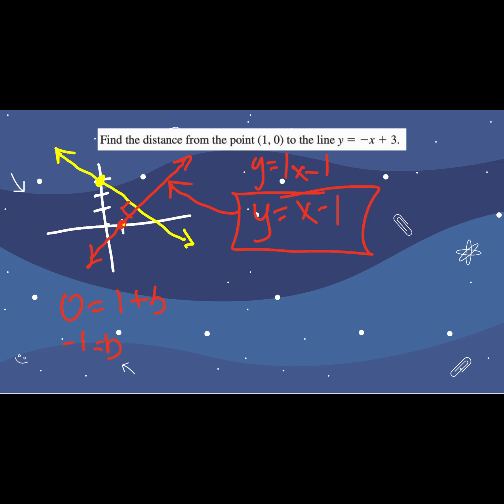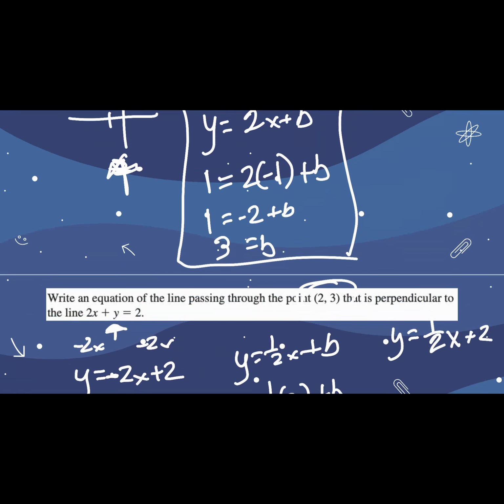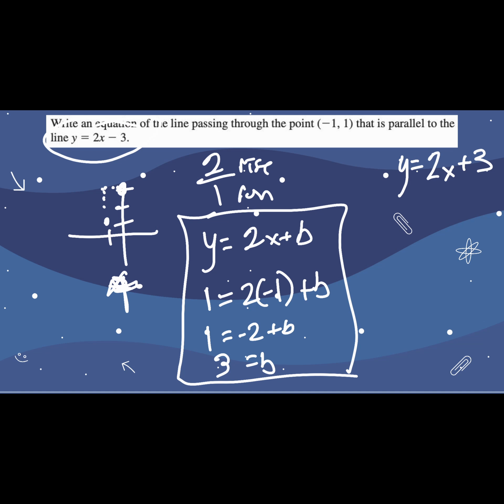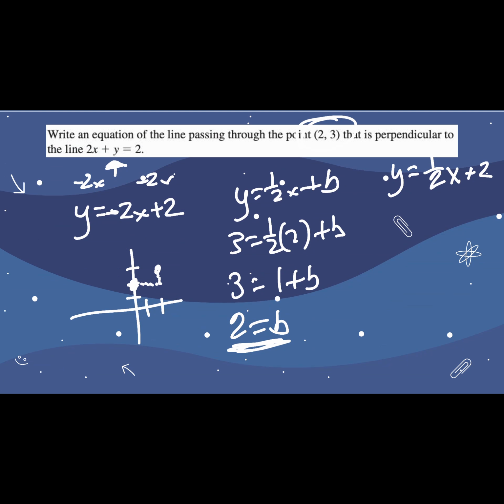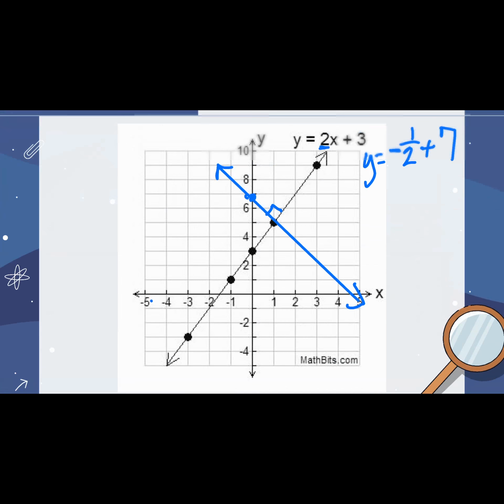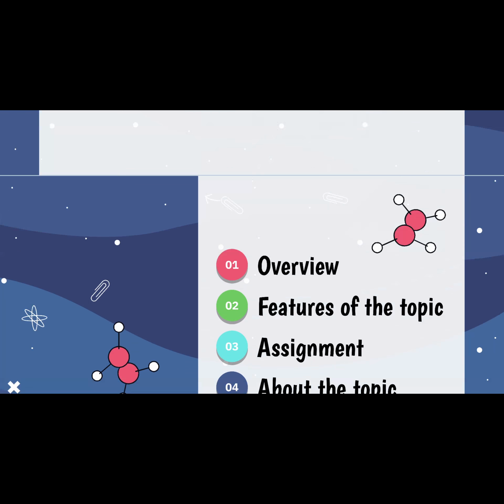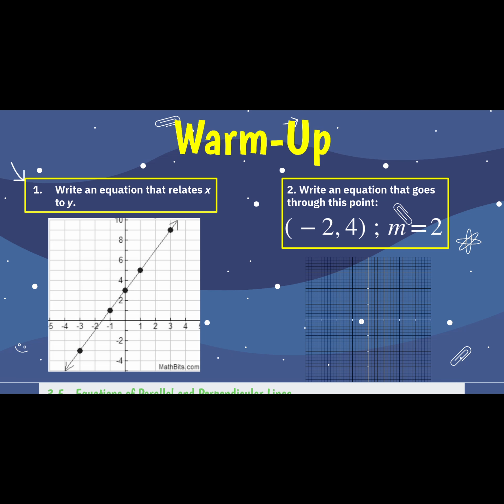So the main things that we looked at, well, really 2 things. Write an equation of a line that is parallel, and then write an equation of a line that is perpendicular. Those 2 things are what we need to know today. But since I know for some people, writing equations like we did in the warm-up is super easy, we can do that, no big deal.